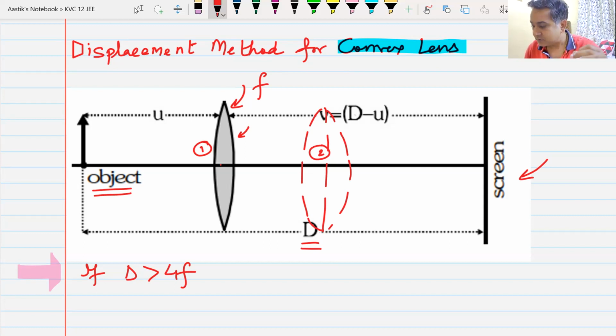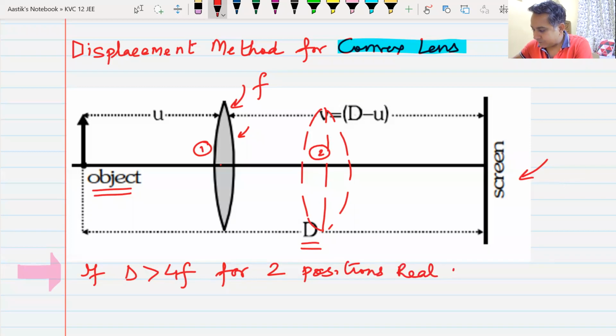This method is known as displacement method, and it can only be used to calculate the focal length of a convex lens. Do we understand this? Yes, sir. Two positions, real image is formed.